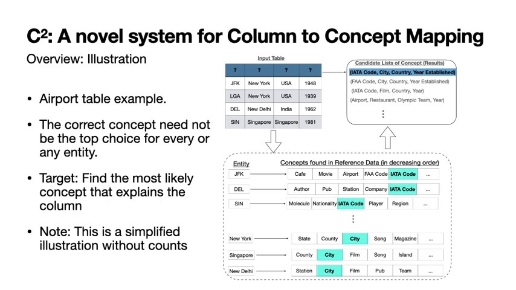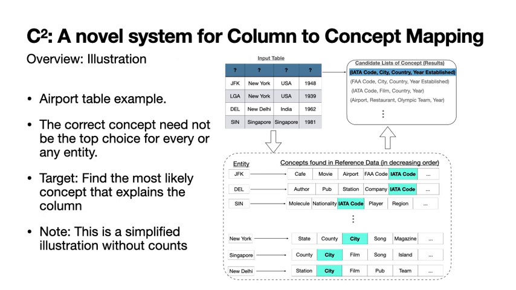This is an illustration which conveys the basic idea, wherein for each entity in a column, we look up what column names have been associated with it in the past in these millions of tables, and we try to find concepts that are most widely applicable throughout these entities.